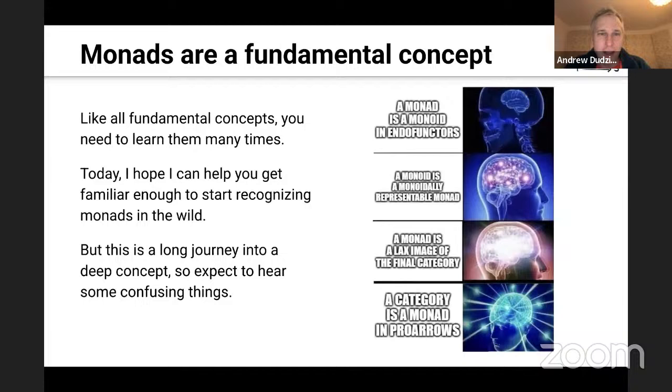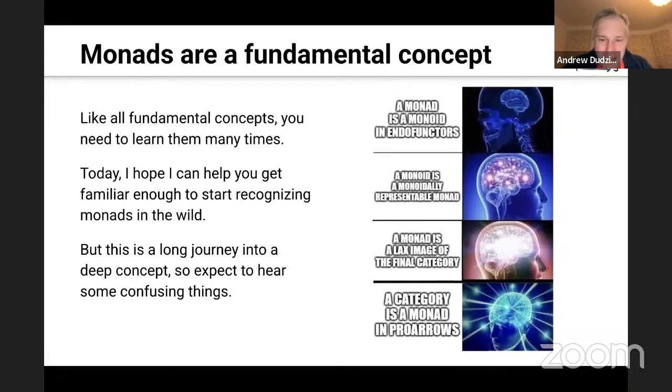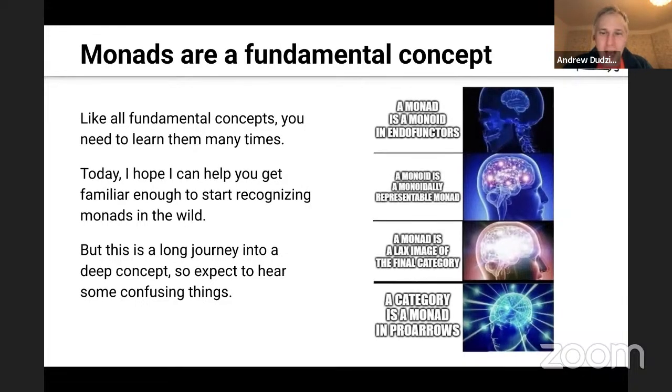But I think part of what I was getting at in this slide is you can define both a monoid and a monad in basically the same way, which is that I take the category that's just one object and one arrow, and then I look at the ways of mapping that into another category.